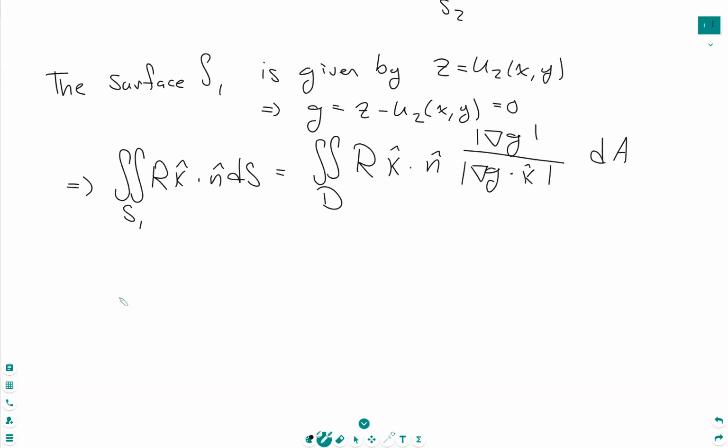So let's simplify this a little bit. We know that the normal for the surface is plus or minus grad G over the magnitude of grad G. And what we're going to do is choose the plus or minus that guarantees that the gradient is pointed upward.